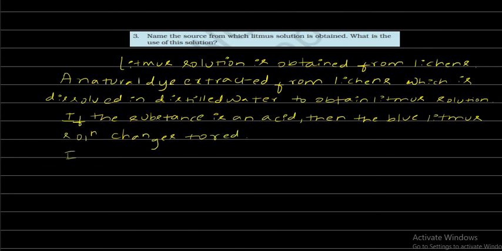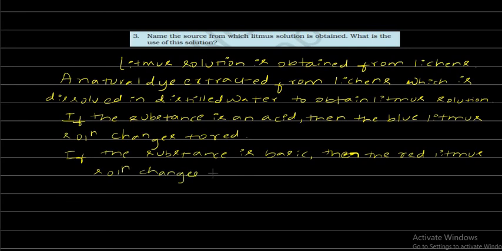And if the substance is basic, then the red litmus solution changes to blue. That means at last what you can conclude, the litmus solution is generally used to distinguish whether a substance is acidic or basic.